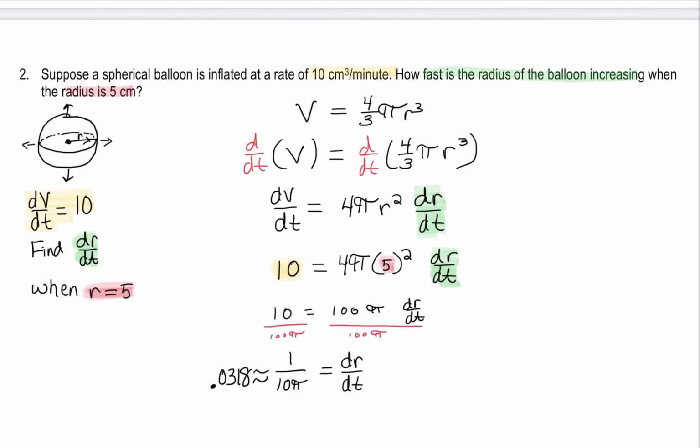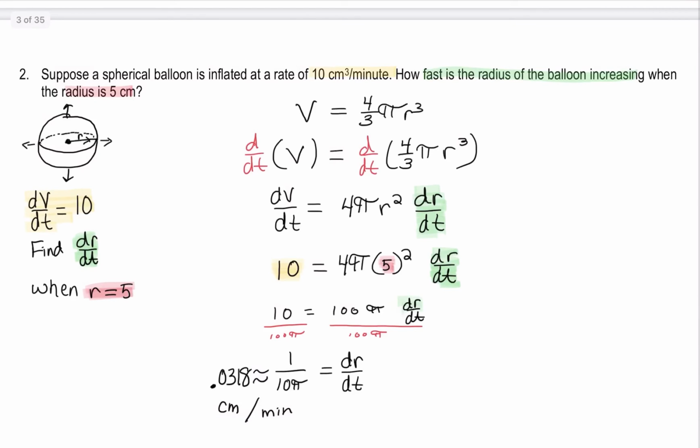And so this is the radius change. So think about dr/dt. The label for r is centimeters, the label for t in this case is minutes. So centimeters per minute. So this is our dr/dt.